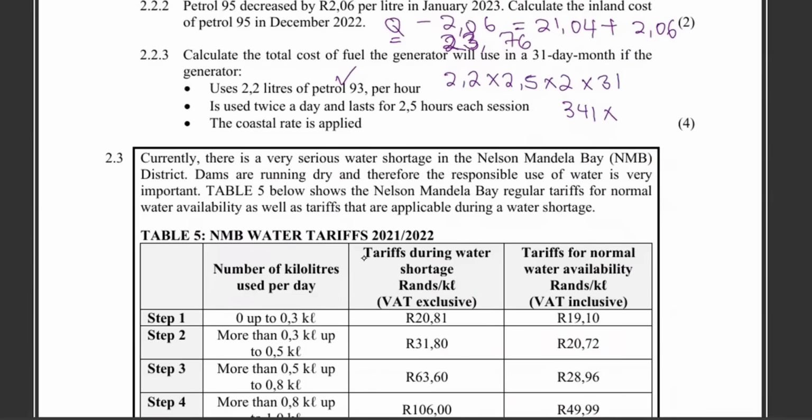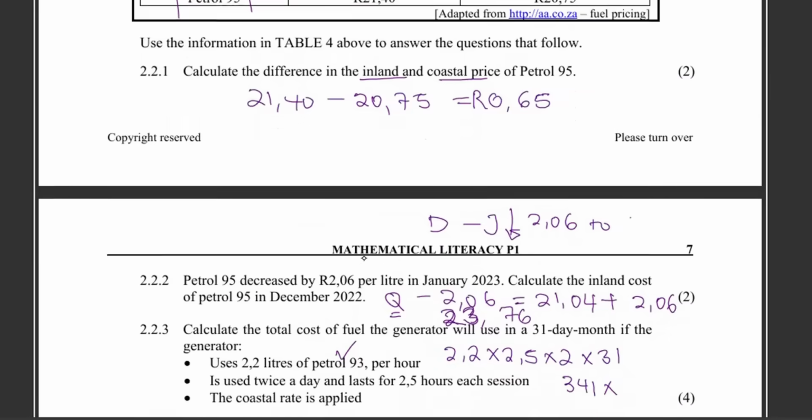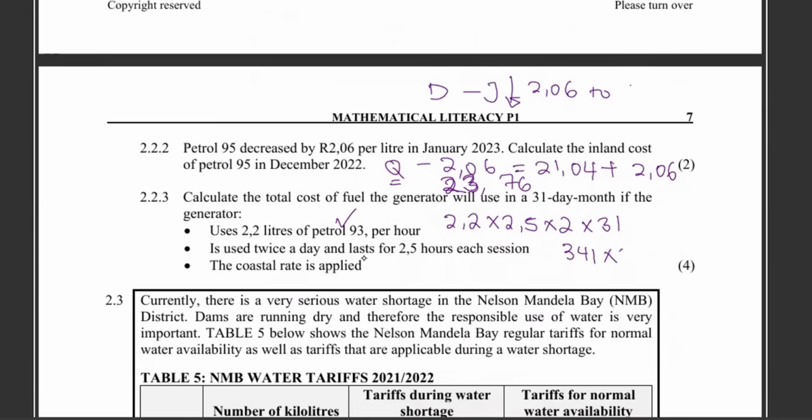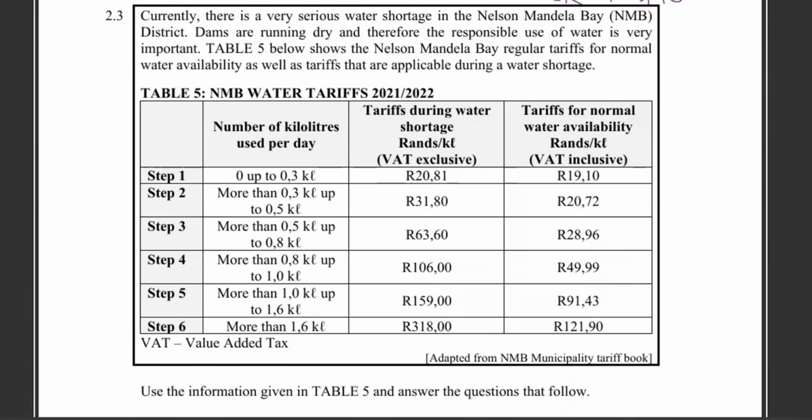So we multiply by the price that we saw there, which is 20 rand 45 cents. So they will end up using 6,973.